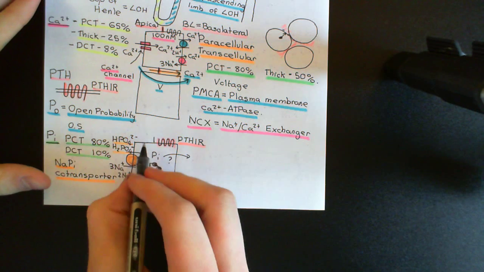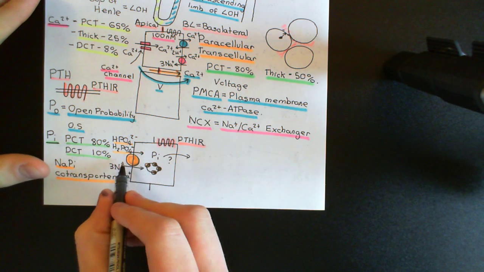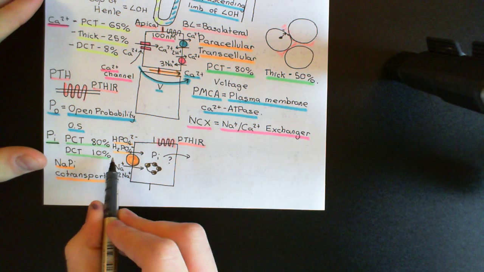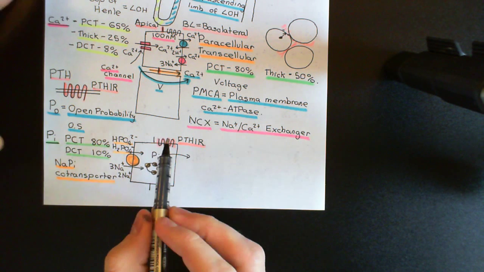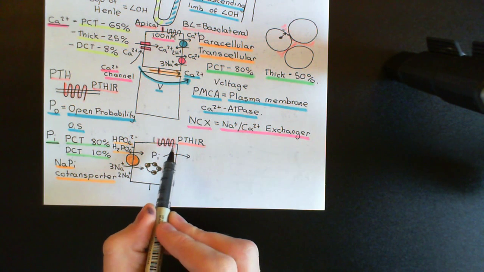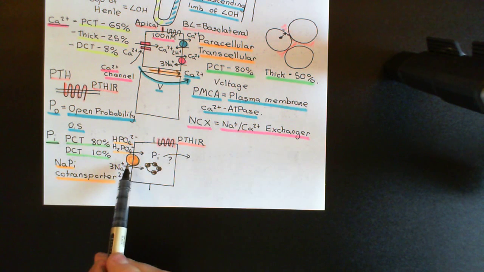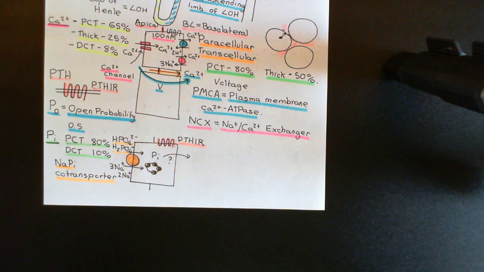Okay, and obviously when they're in these storage vesicles, they're no longer capable of moving phosphate ions across the apical membrane from the lumen into the cytoplasm of the cell. So parathyroid hormone, acting through the parathyroid hormone 1 receptor, is going to hugely decrease the number of sodium phosphate cotransporters that are in the apical membrane of our renal tubule cells in the proximal convoluted tubule and in the distal convoluted tubule.